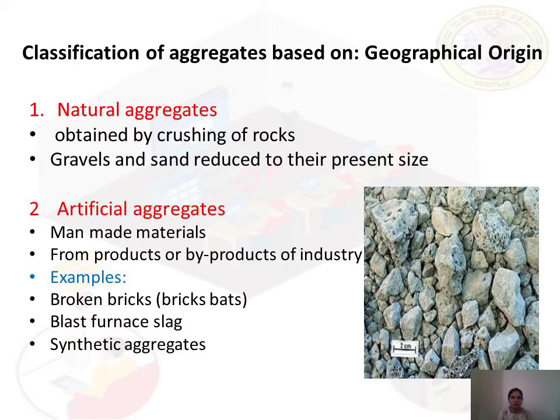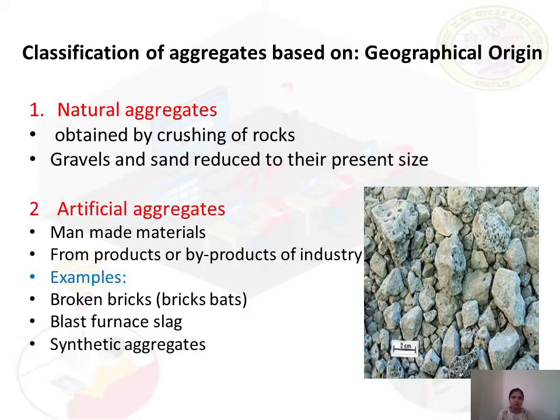Blast furnace slag cement may corrode the steel which is present in concrete due to the sulfur content. The sulfur present in blast furnace slag may react with the steel present in the reinforcement and it may start to corrode. That is one of the disadvantages.